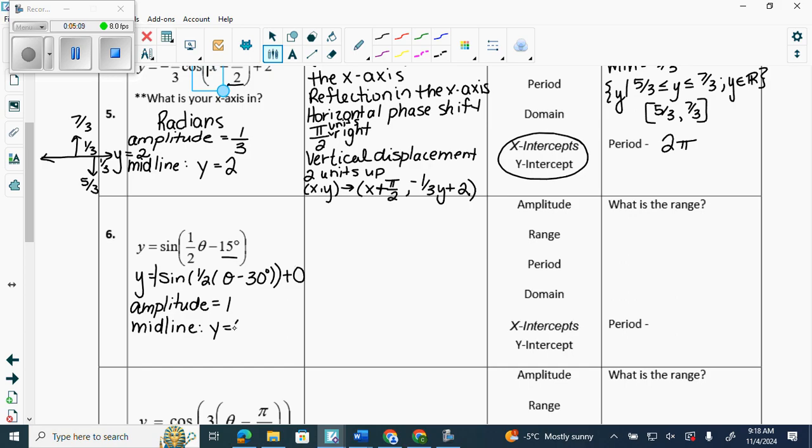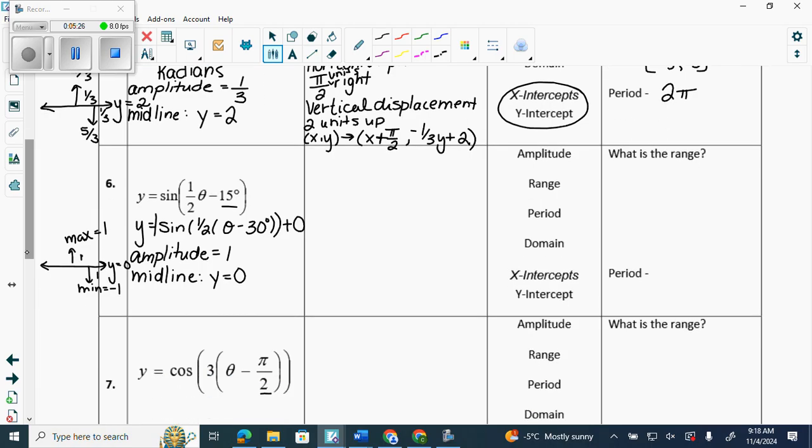Plus 0 at the back. So I have a line at y equals 0, and I'm going to go up 1. So my maximum is at 1. I'm going to go down 1. So my min is at -1. So I have, my x's go crazy, so I have a horizontal stretch by a factor of 2 about the y-axis.